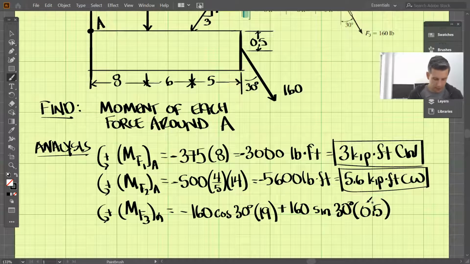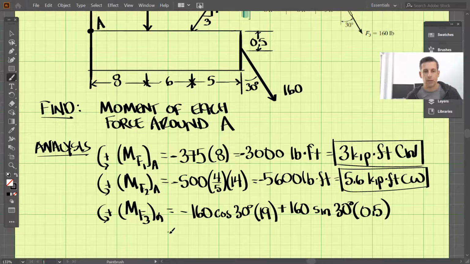All right, let me calculate this quick. We have negative 160 cosine 30 times 19 plus 160 sine 30 degrees times 0.5.